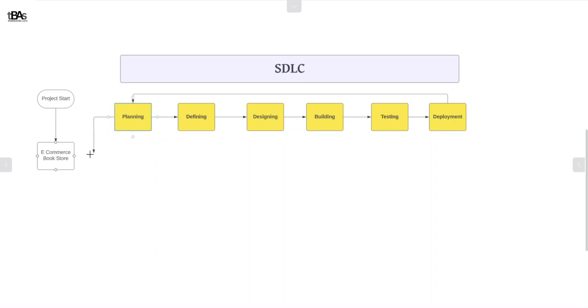Now, during the planning session of the e-commerce website, what are the major things that are discussed? Planning is a stage where the requirements are not collected fully. This is the stage where the capabilities, the problem, and the expected solution or outcome are identified.